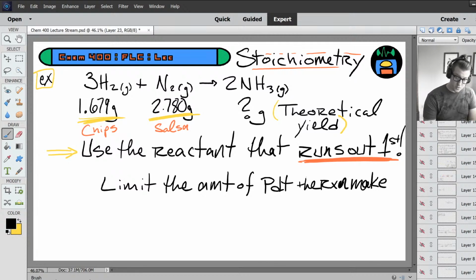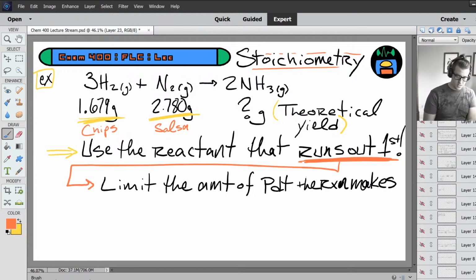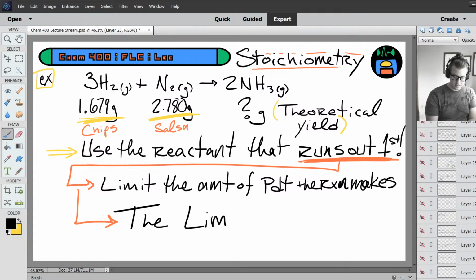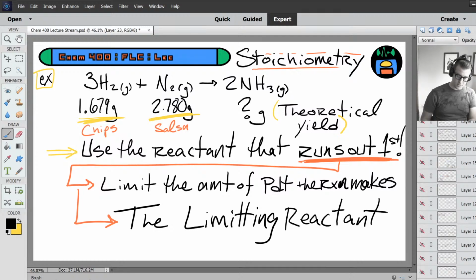All right, the one that runs out first limits the amount the reaction makes and is therefore called the limiting reactant. All right, the limiting reactant.